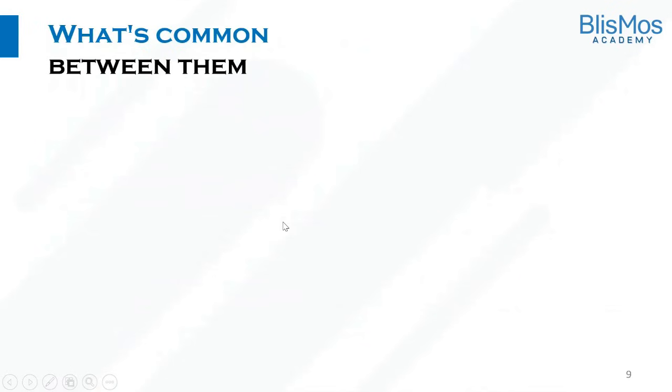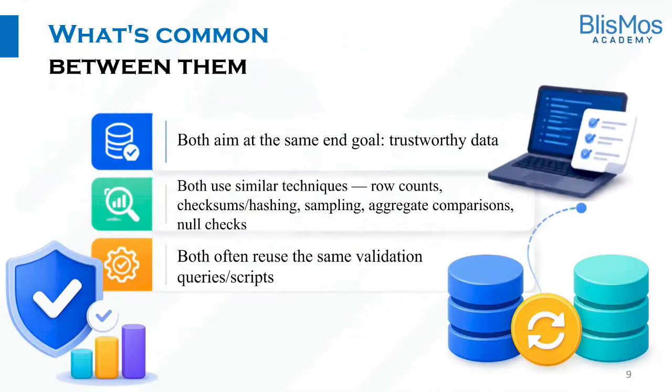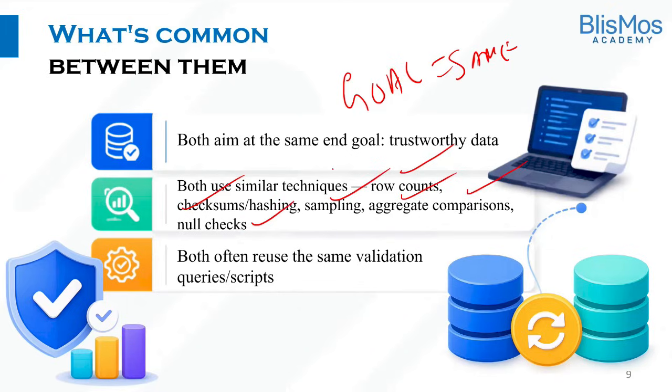So what is common between data testing and ETL testing? Although their scope differs, the ultimate goal is the same. Both data testing and ETL testing use similar techniques like row count, checksum testing, sampling, aggregation testing, comparisons, null checks.